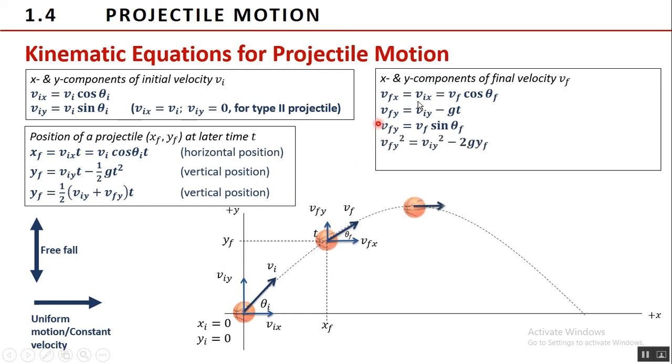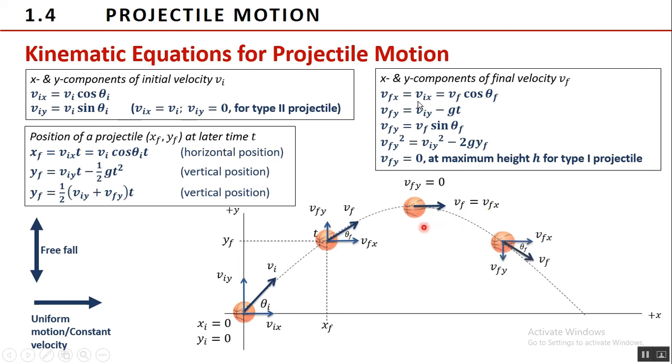At maximum height, same as with free fall, v sub fy is 0 for type 1 projectile. At this location, momentarily, its velocity is horizontal, equal to the x component of the initial or final velocity. Afterwards, it begins to fall following the other half of the trajectory as it returns to its initial elevation.